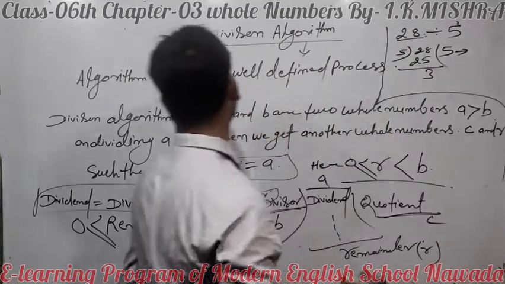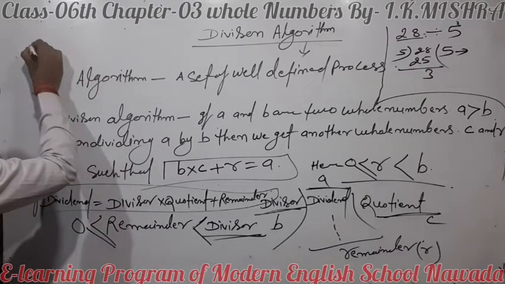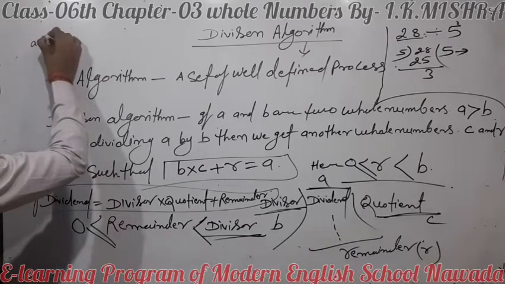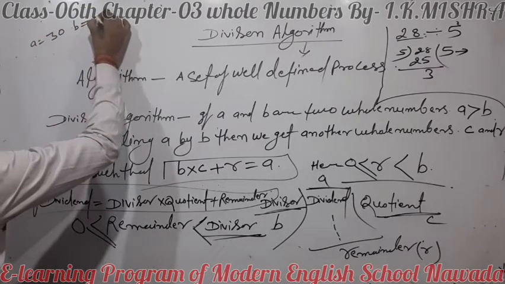You can take another example. Suppose A equal to 30 and B equal to 4.